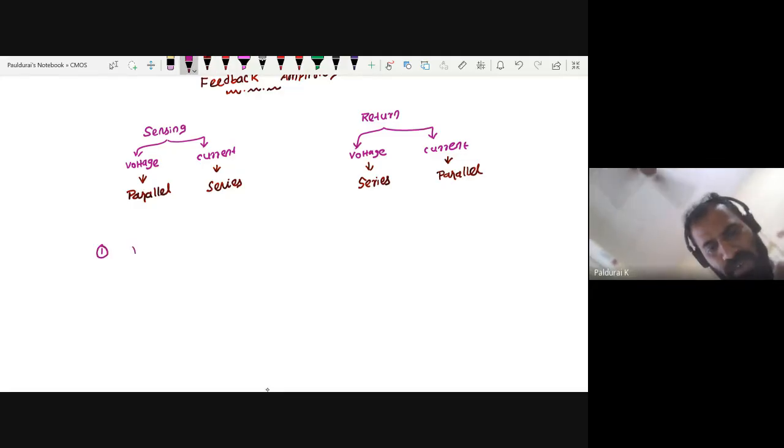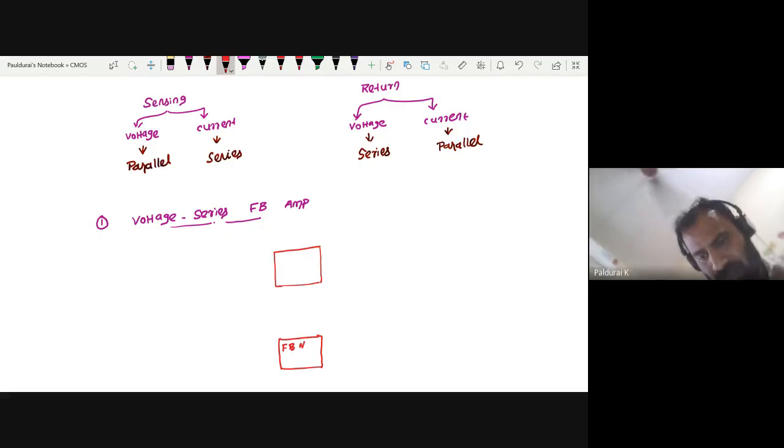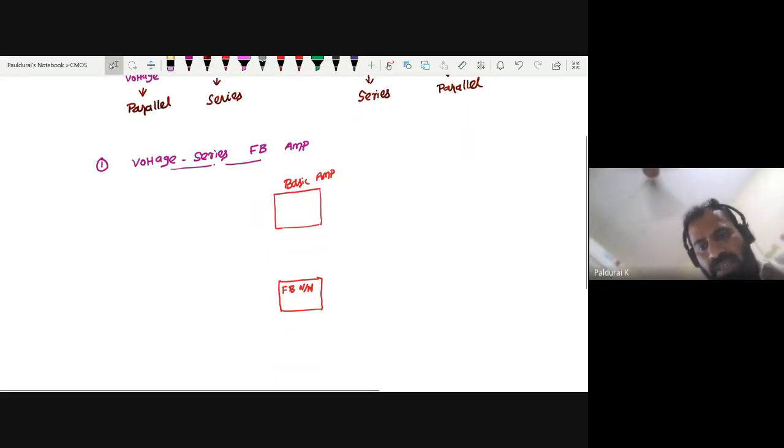The very first one is the voltage series feedback amplifier. What is the general diagram for this? There is a basic amplifier, the feed forward amplifier, and this is my feedback amplifier, nothing but the feedback network.